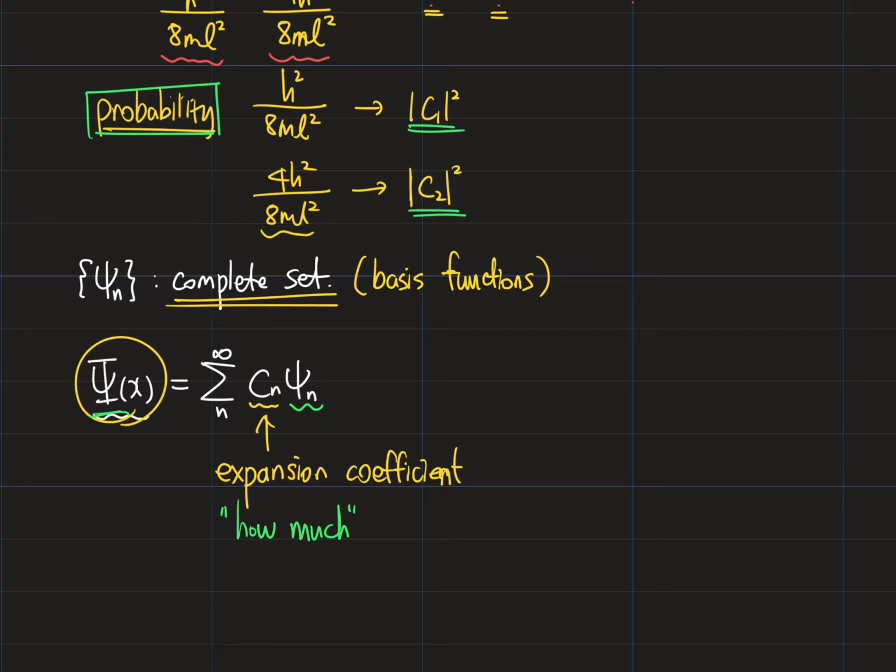The contribution is proportional to the square magnitude of this coefficient. So I want to put quotes here: Cn somehow reflects the amount of its contribution, but the real contribution and precise value can be obtained from the square magnitude of your coefficient. Okay, let's take a look at why.